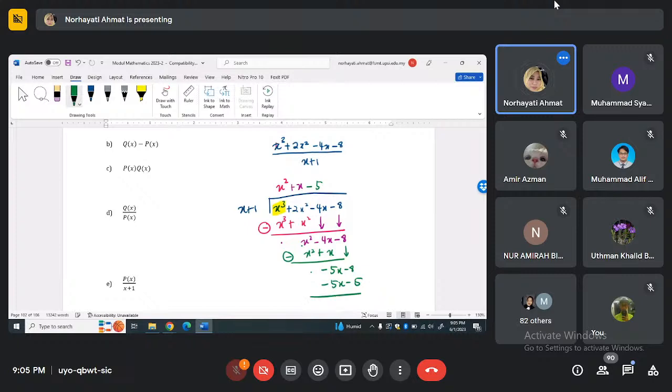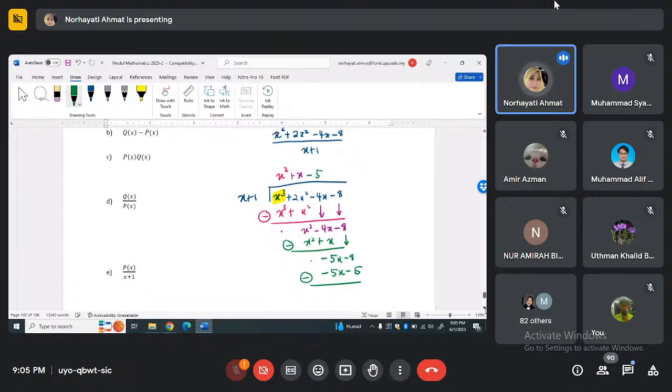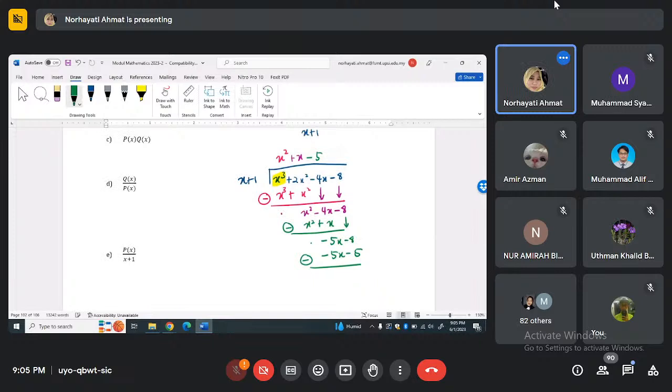Okay, negative 5 times x is negative 5x. Negative 5 times 1 is negative 5. Now minus. So we get negative 5x minus negative 5x is 0. And then negative 8 minus negative 5.